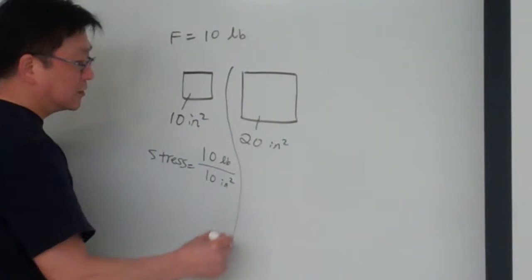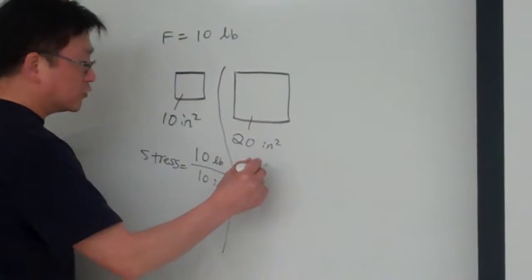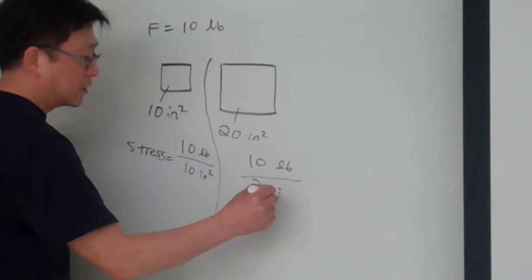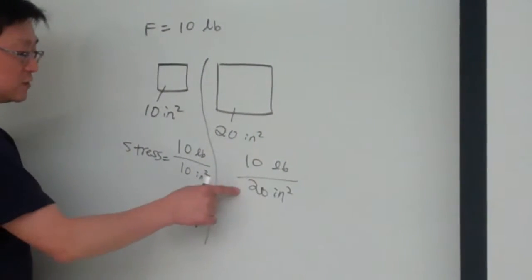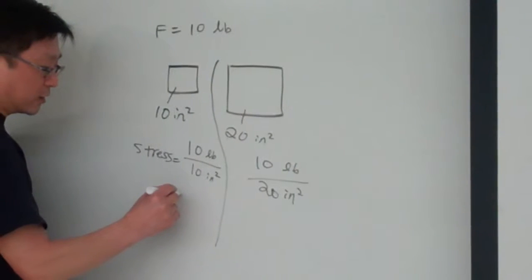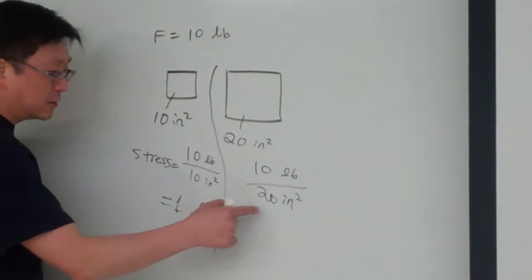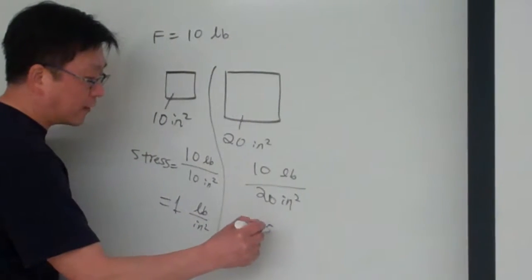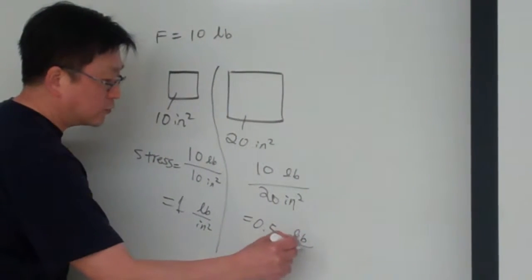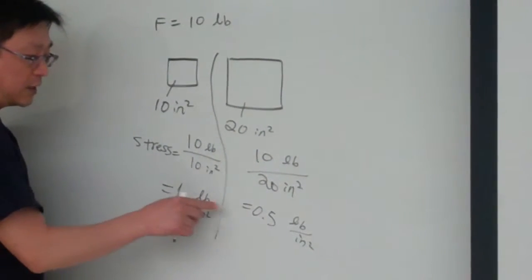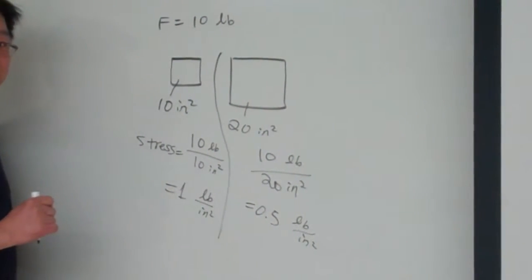For this case, the stress will be equal to 10 pounds divided by 20 inch square. So this value will be the stress, and this one will be equal to 1. The unit is pound per inch square. This one will be equal to 0.5, and the unit is pound per inch square. So these are the magnitude and the unit of the stress.